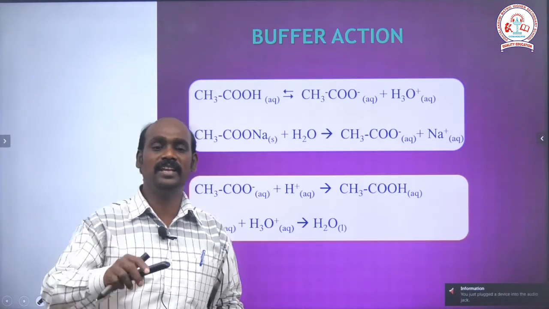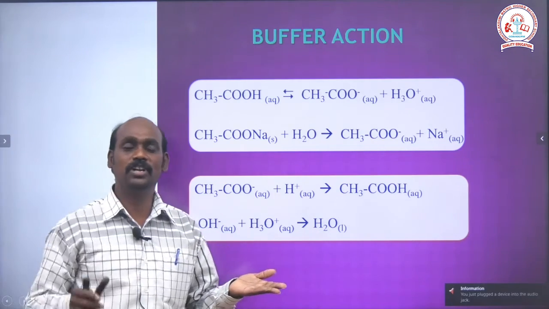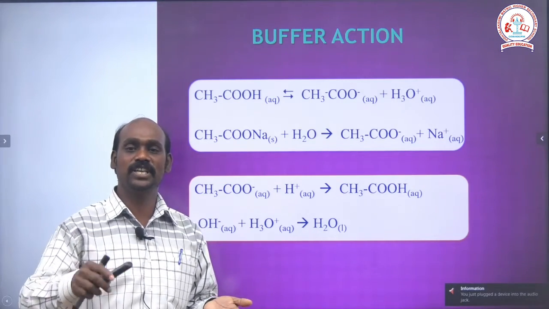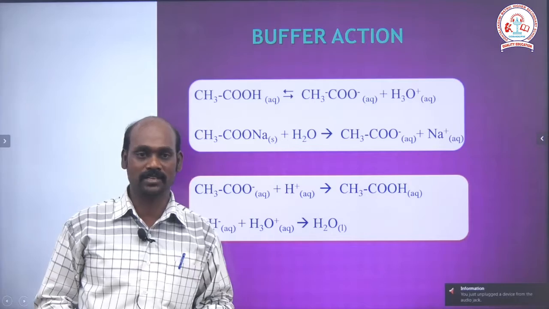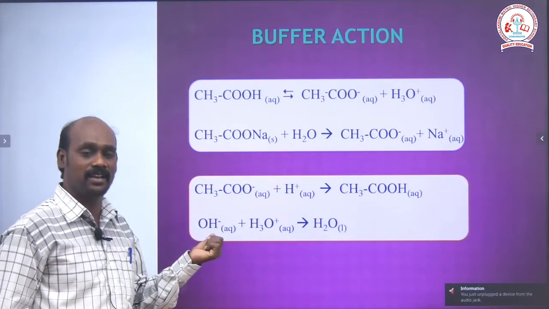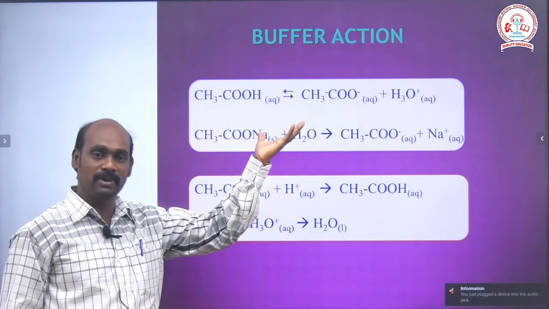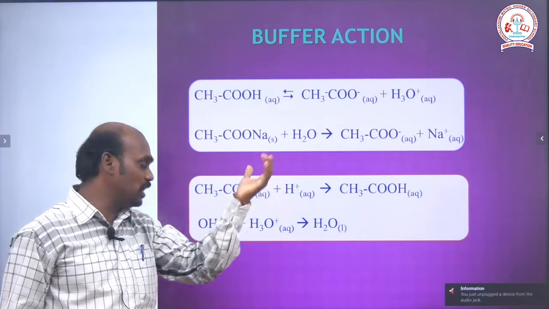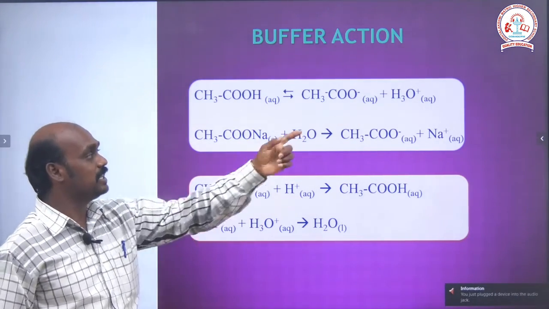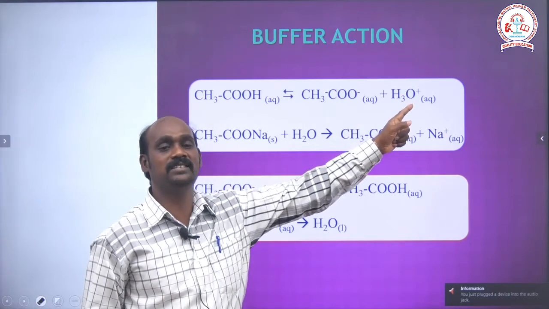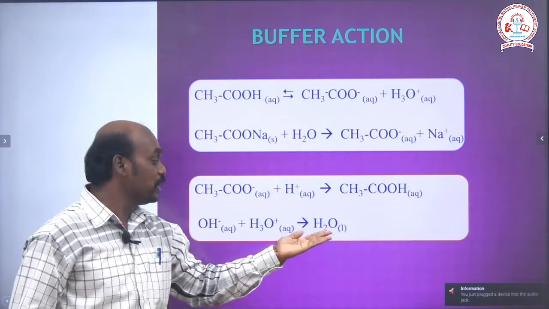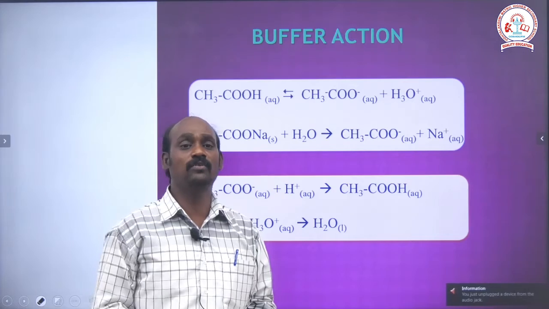Okay. Alternately, we can add base. What is a base? A base is a substance which gives OH- ion in water. So here the OH- ion, that is base, is added to this acidic buffer. What is happening in this mixture? That OH- ion combines with the hydronium ion, H3O+ ion, to form neutral water.